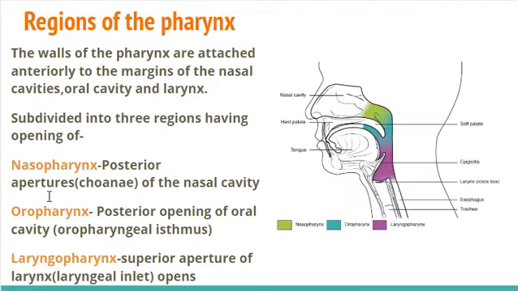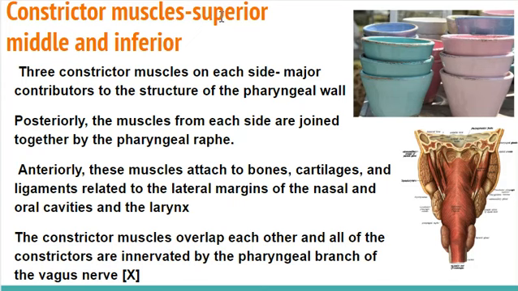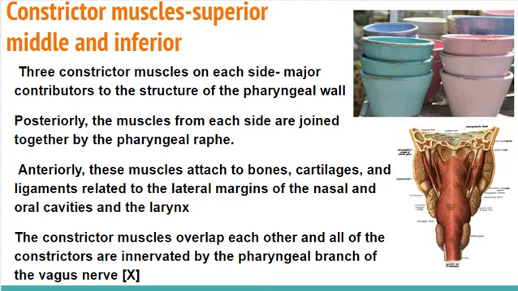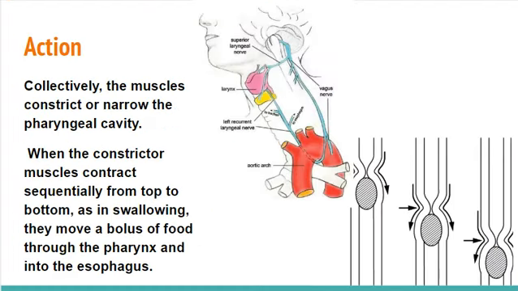The constrictor muscles are composed of the superior, middle, and inferior, overlapping each other. They are attached posteriorly to a cord-like ligament, which is the pharyngeal raphe.